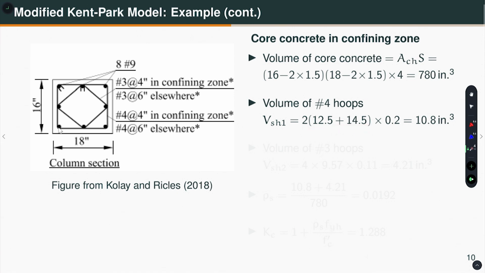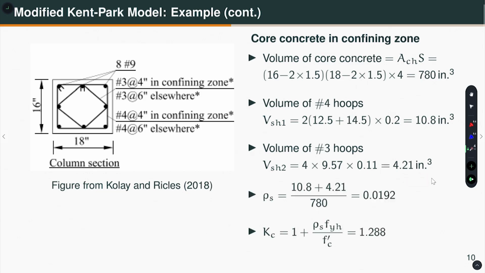Well, 12.5 is the center of this stirrup to center of this stirrup is 14.5, and in this direction this to this is 12.5. Okay. Into 2, that gives me the perimeter multiplied by cross sectional area for number 4 hoop, that gives me 10.8 inch cube. Similarly, volume of number 3 hoops, which is this diamond shape. Okay. So, if you calculate using Pythagoras theorem from here to here, center to center, you will get 9.57 into 4. This is the cross sectional area, that is 4.21 inch cube.